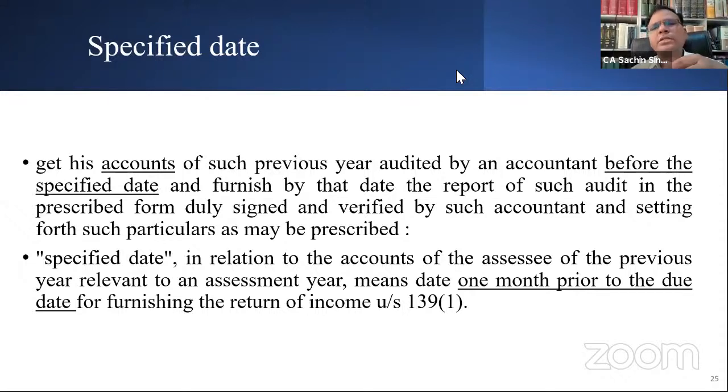Any other view? Because I have got two different answers, 30th November and 30th September. 30th September. So for this particular year, Sairam sir is saying 31st October for return. Okay. So assuming it is 31st October, but as per my knowledge, it is 30th November for filing of return where the tax audit is applicable.